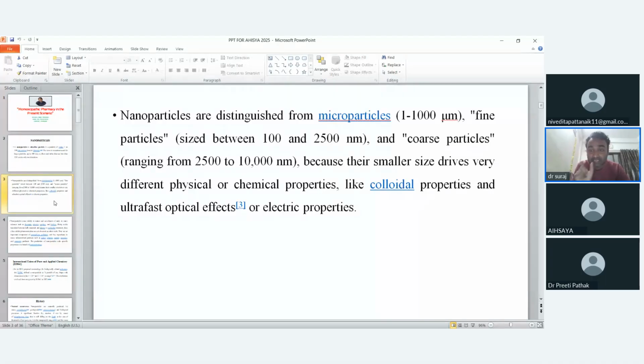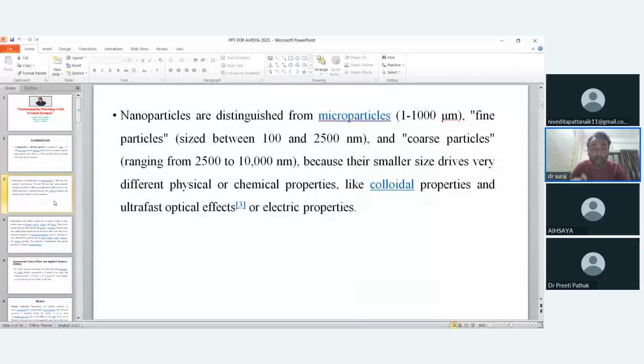In our pharmaceutical practice, when we talk about a drug, a medicine, any medicinal product or remedy, the coarse particles are bigger in size.